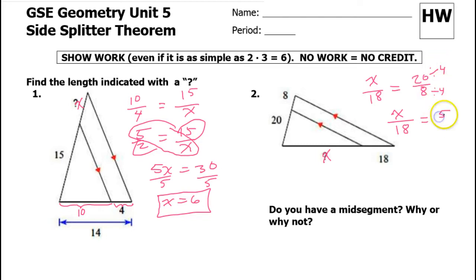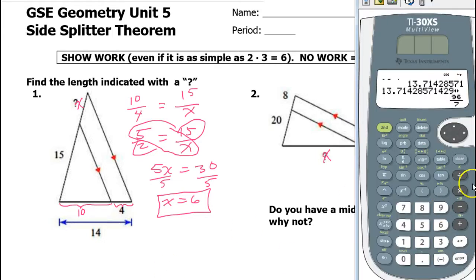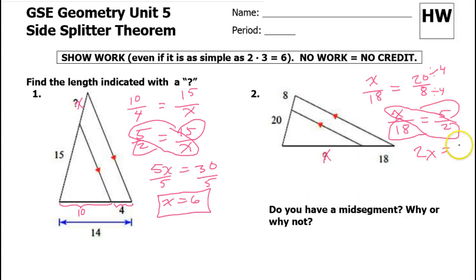So this is going to be 5 over 2. So when I cross multiply, I'm going to get 2x is equal to, and then I multiply along this diagonal. So 5 times 18, that's 90. Then if I divide both sides by 2, that's going to be 45. So x is 45.